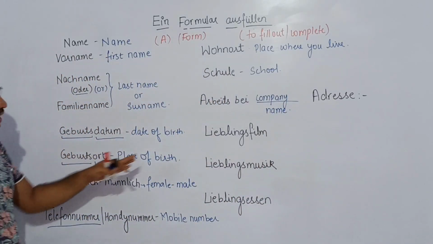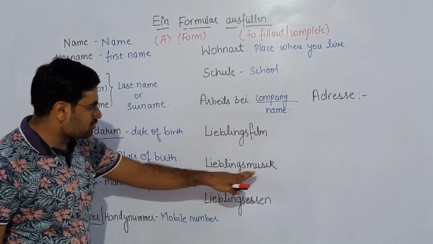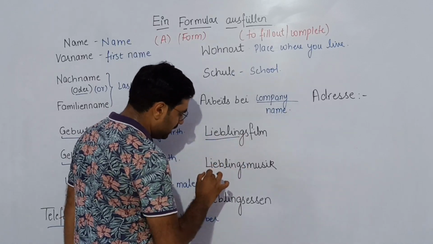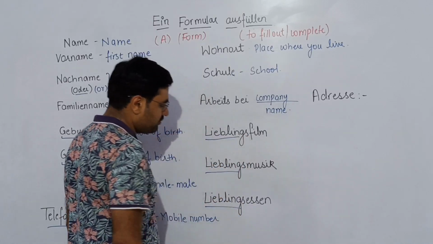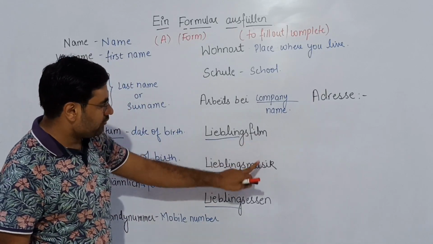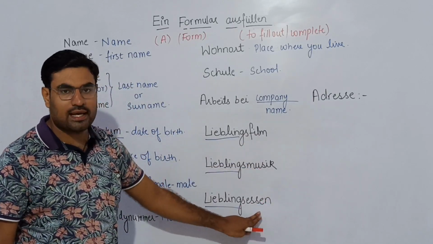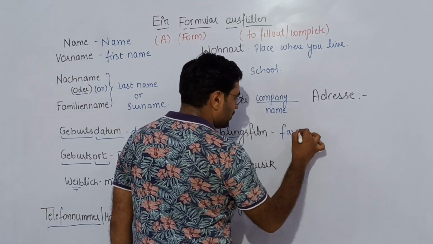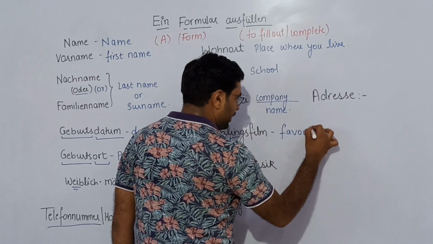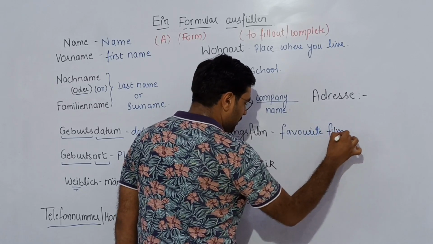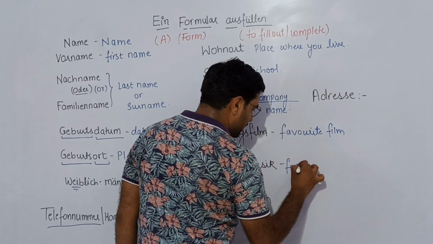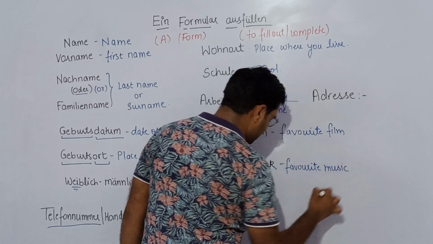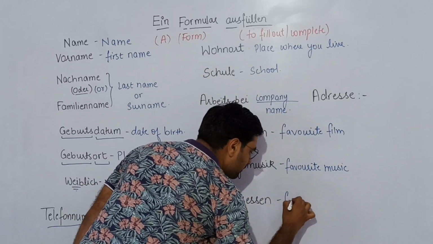Now, next one. Lieblingsfilm, Lieblingsmusik, Lieblingsessen. Lieblings means favorite. Now favorite film, favorite music, favorite food. Essen means food.